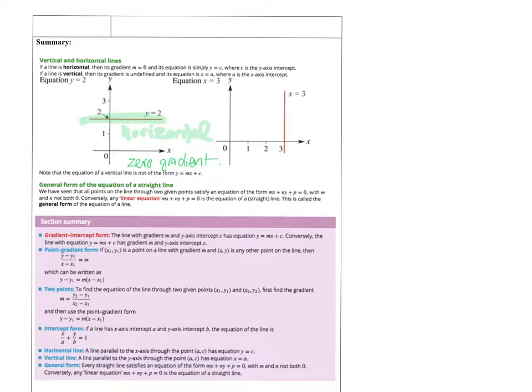If you have a vertical line, so this is a vertical line, what's the gradient, do you know? Good, the undefined gradient. You just need to remember that. And obviously a vertical line is an x equals formula, and a horizontal line is a y equals formula.